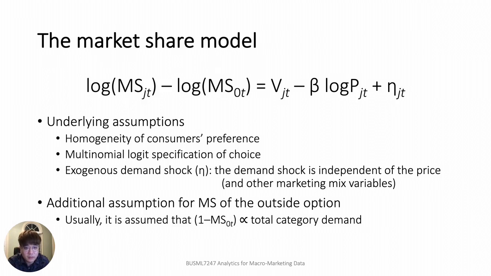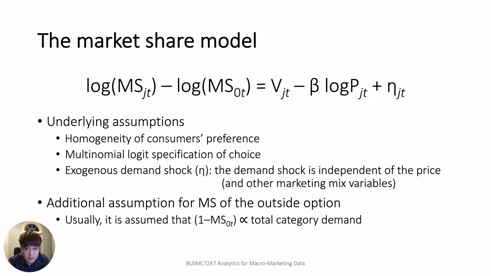Also, there is an additional assumption for the market share of the outside option. The market shares usually observed in the data do not consider the outside option, the option of buying nothing in the category. For example, suppose that 30% of consumers bought brand A, another 30% bought brand B, and the others, 40% of the consumers, bought nothing.